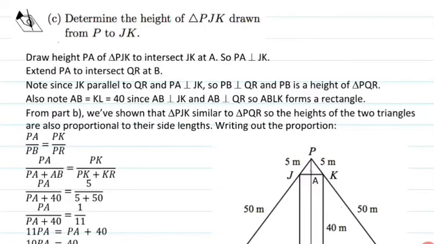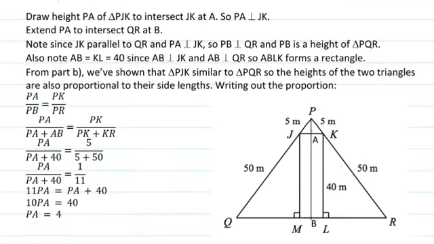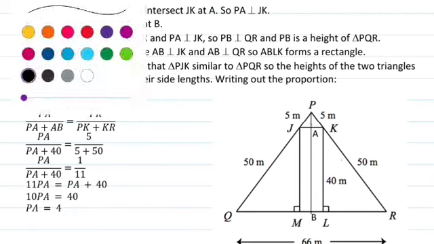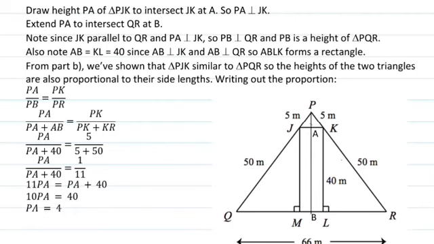Part C reads, determine the height of triangle PJK drawn from P to JK. So to start off, let's draw in that height from P to JK. And we'll call the intersection point with JK A. So we have A right here. And because this is the height, we know that there are right angles at the intersection. Next, we'll extend PA to intersect QR at B. So B is right over here.